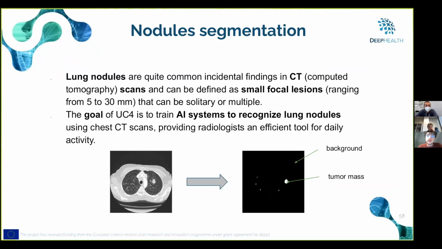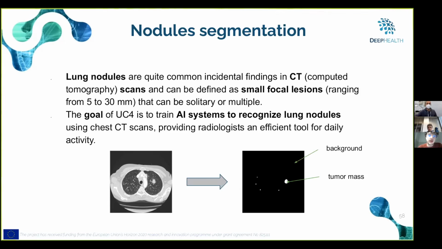For example, in this figure, you can see there are 5 nodules. The goal of this system is to segment and detect lung nodules in CT scans, so that this can be a tool to improve the efficiency in medical diagnosis and help the radiologists to find these nodules.